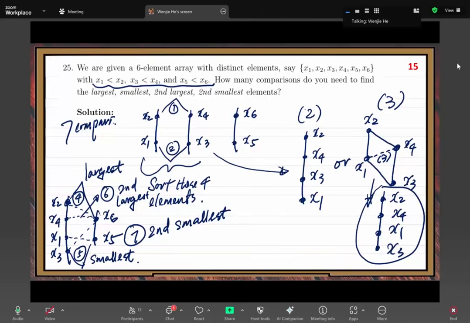So that's all the questions, and I will post the complete solution. Use this video and my solution file, because my midterm questions are similar to these questions. I change something, but the basic idea and methods are similar.